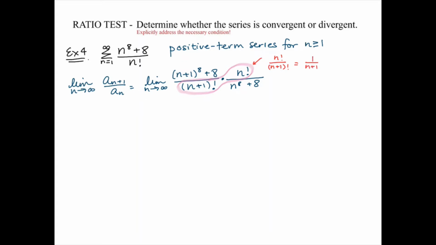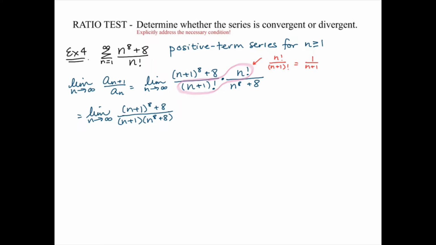So after I simplify that, I am going to have the limit as n approaches infinity of n plus 1 to the 8th plus 8 over n plus 1 times n to the 8th plus 8. So now you can see I'm taking the limit of a rational function, and the expressions in both the numerator and the denominator are polynomials.